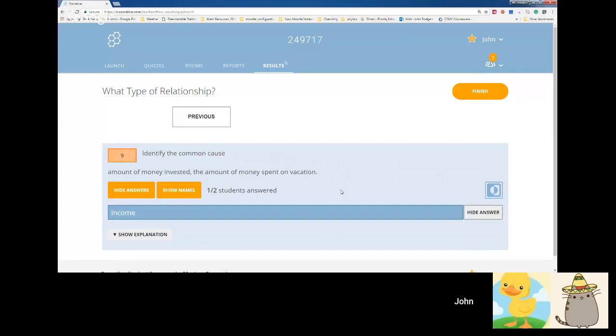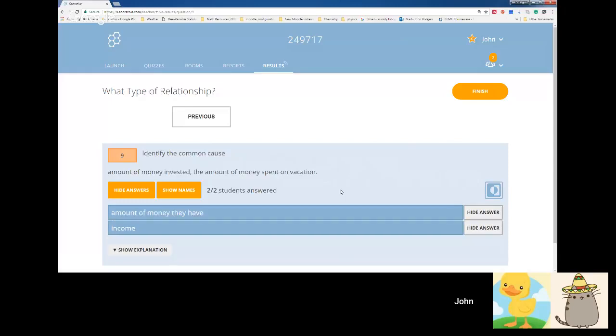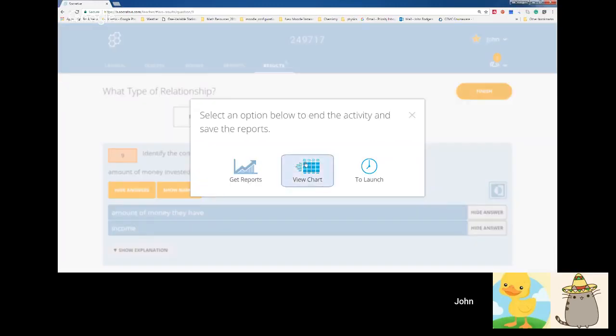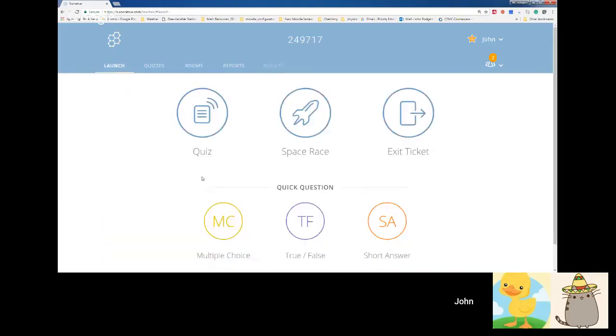Somebody says income. What's the second? Amount of money they have. Yes, there's a common cause there. Okay, good. I think we've got this sorted out. So we can finish that. Good. 100%.